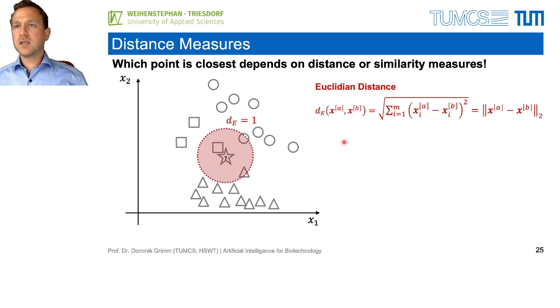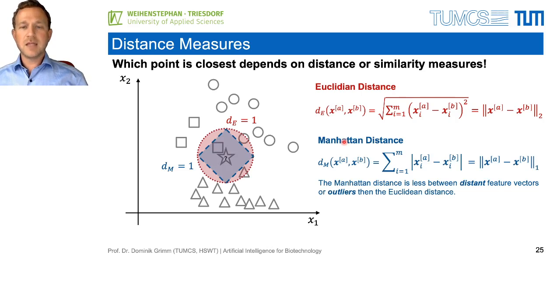If we now take a different distance measure, like the Manhattan distance, the Manhattan distance is nothing else than the absolute difference between these 2 features. Here we also have a Manhattan distance equal to 1. If we illustrate this, we see that only 1 data point lies within the boundaries of this distance measure.